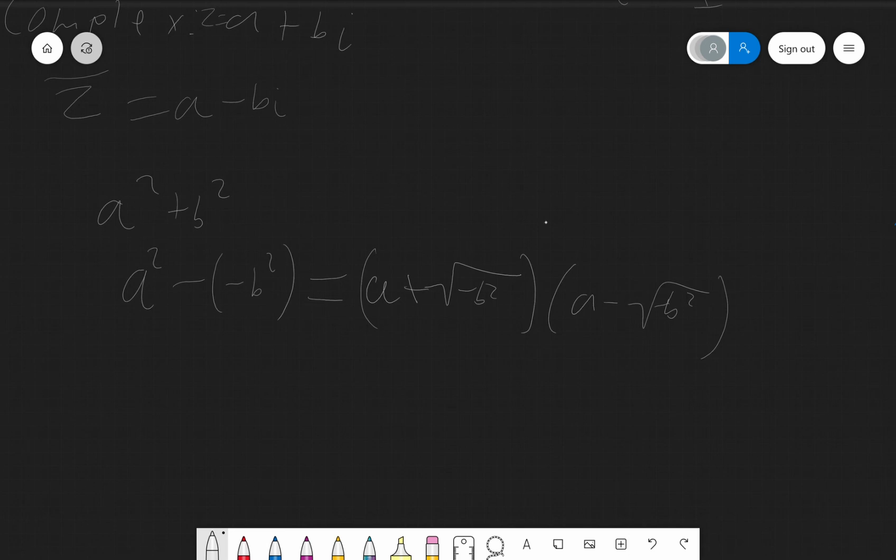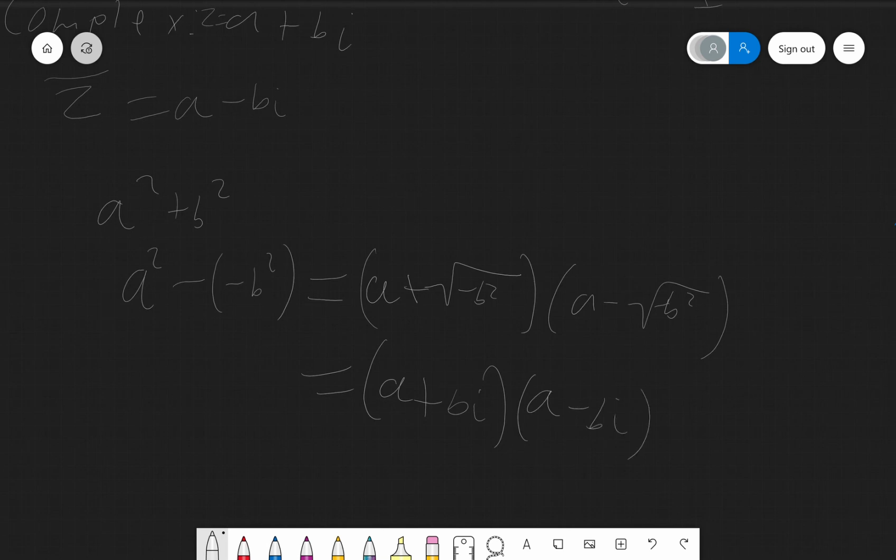Well, now we know how to separate it, right? That's equal to a plus bi, because we can separate that into the square root of negative 1 times the square root of b squared. The square root of b squared is b, and the square root of negative 1 is i, so bi. Same thing here, we get a minus bi.